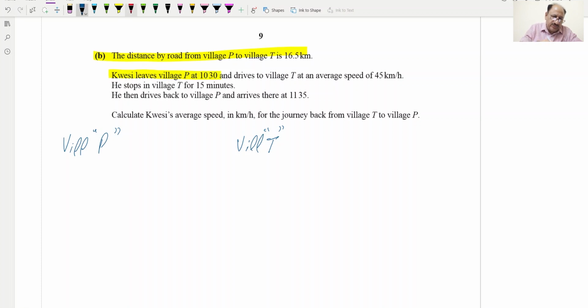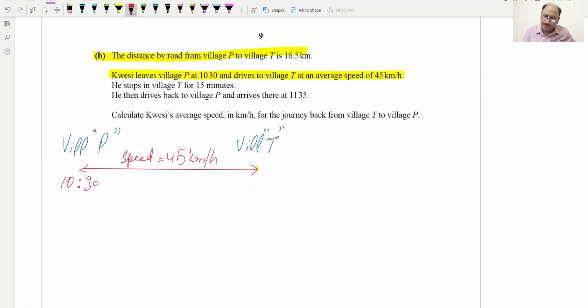So at 10:30 he is leaving the village and drives to village T at an average speed of 45 kilometers per hour. So he moves from this village to this village, and speed is 45 kilometers per hour.